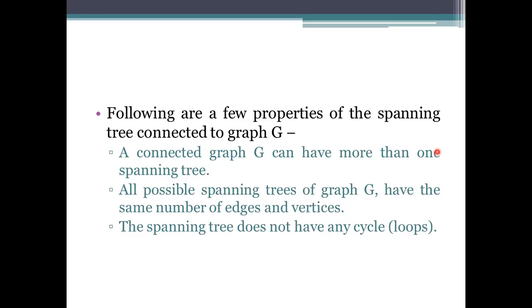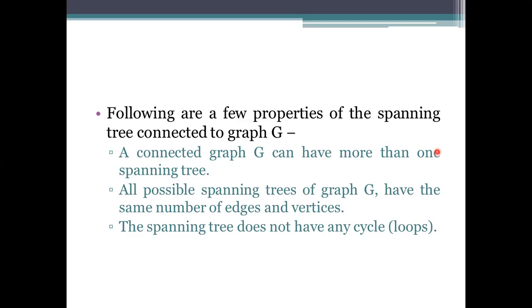Coming to the properties of the spanning tree. We can have many spanning trees, all the possibilities can be used to draw the tree, and we won't consider any cycles here.